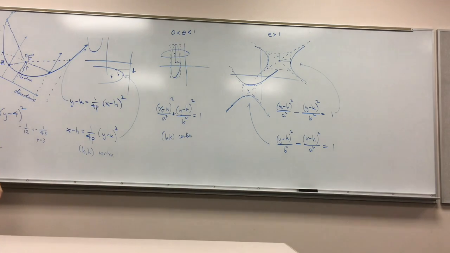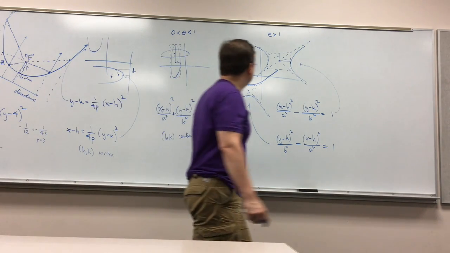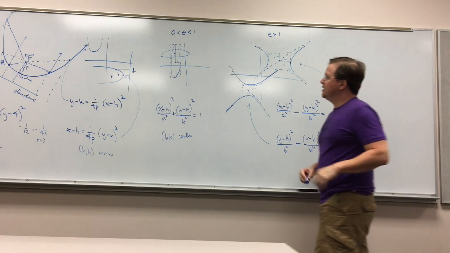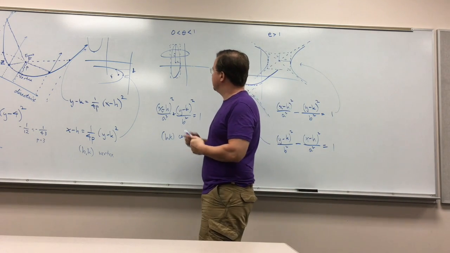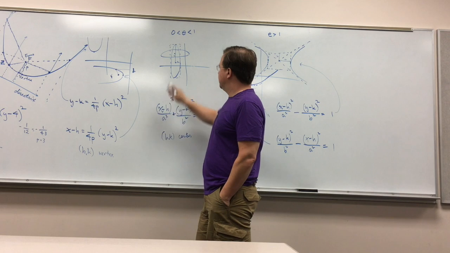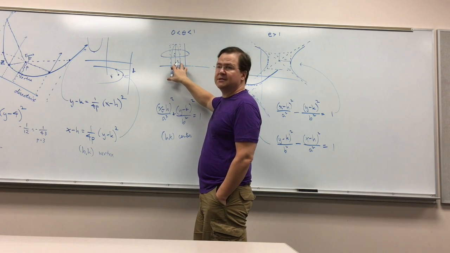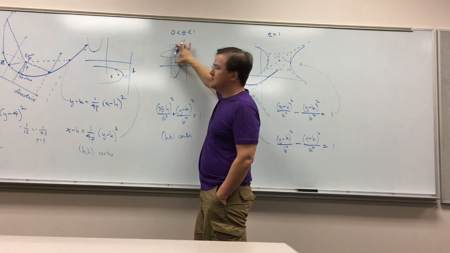Again, lots of connections to be made, all interconnected, different ways of looking at these things. Pretty deep stuff. One thing you notice is that if I come back to this ellipse, every ellipse has a center, the length of the semi-minor axis, and the length of the semi-major axis.